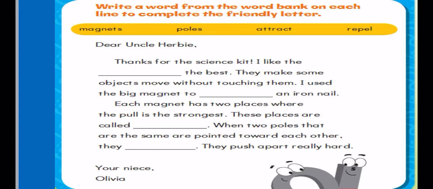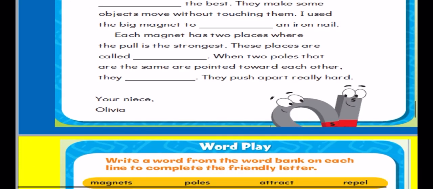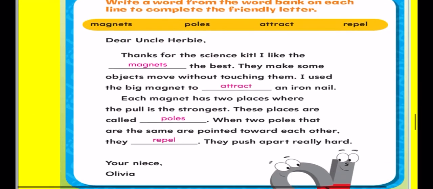If you put the same pole, the North Pole and the North Pole, toward each other, what happens to them? Do they come to each other or run away from each other? What do you think? They push apart really hard. So what is it? Your niece Olivia. Now let's see the answers.